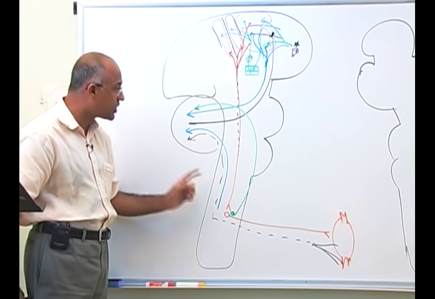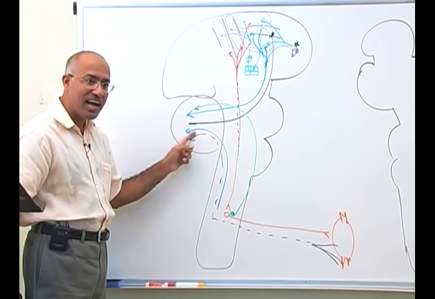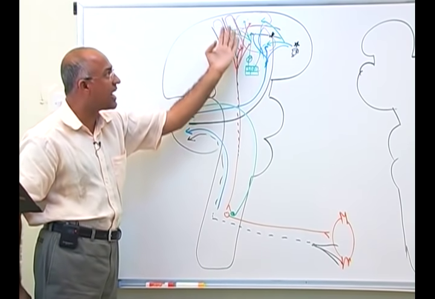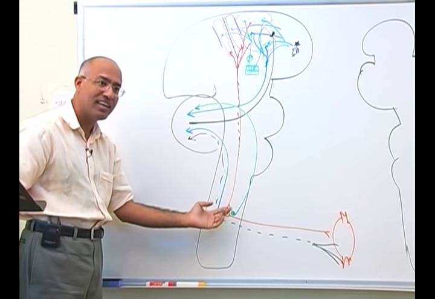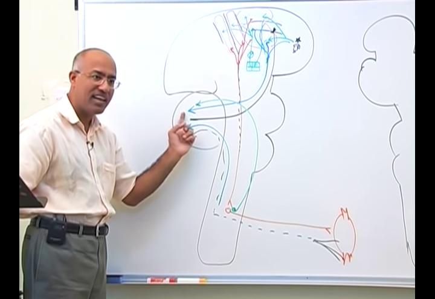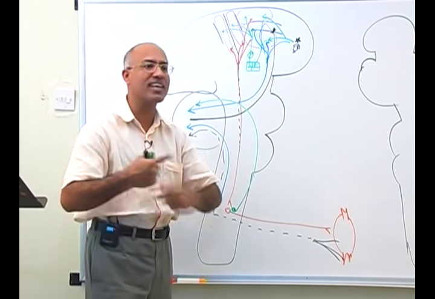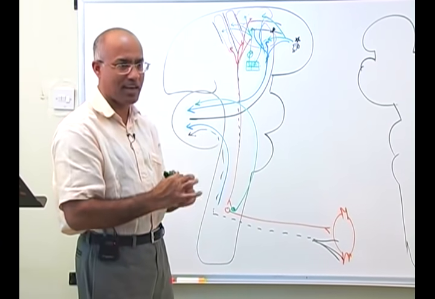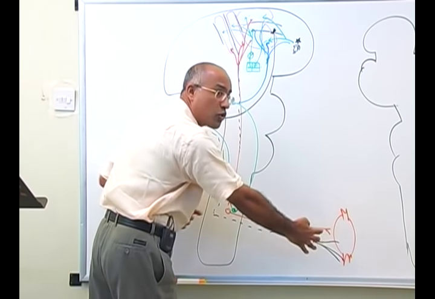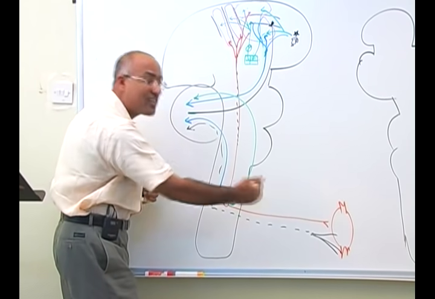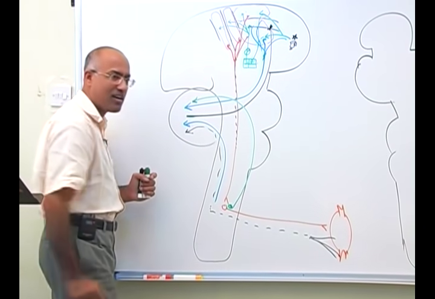It knows what the initial position of the body is, right? Then it sends a plan, and once the plan comes down after higher processing, it again receives a copy of that plan. And when the movement is progressing, the cerebellum is constantly updated on whether the movement which started is going properly or not.